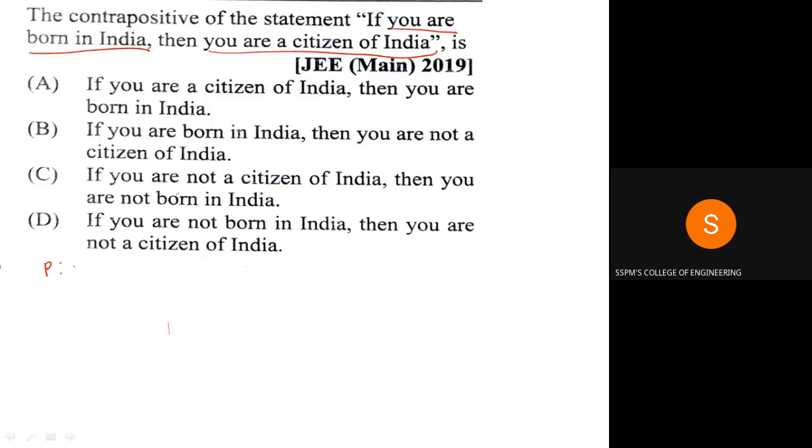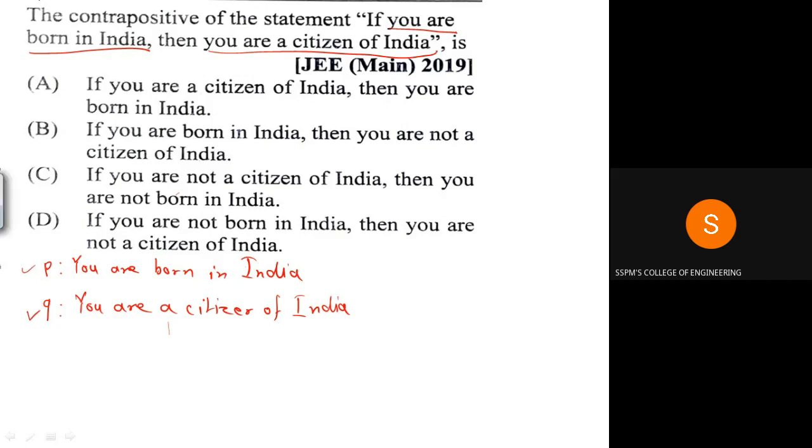What is P? You are born in India. So "you are born in India" is the P part. Now what is the Q part? Q is: you are a citizen of India. So this is the P part, this is the Q part.